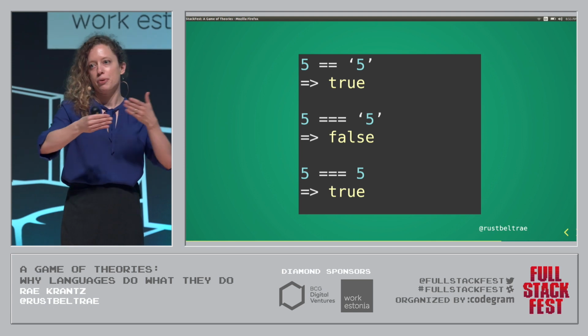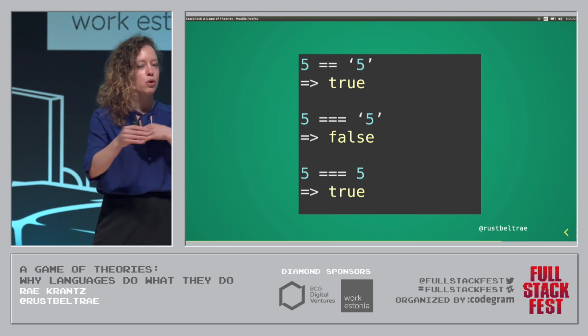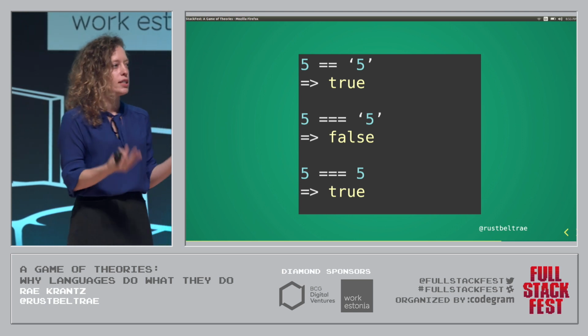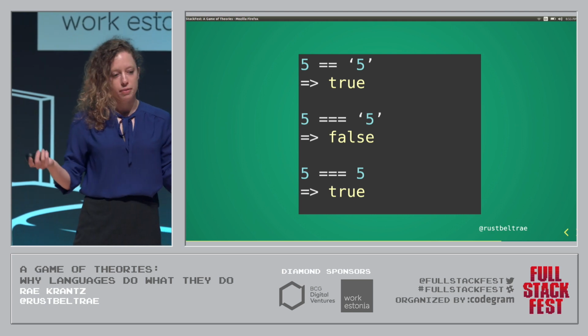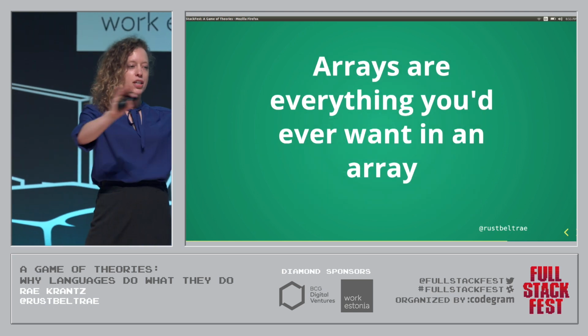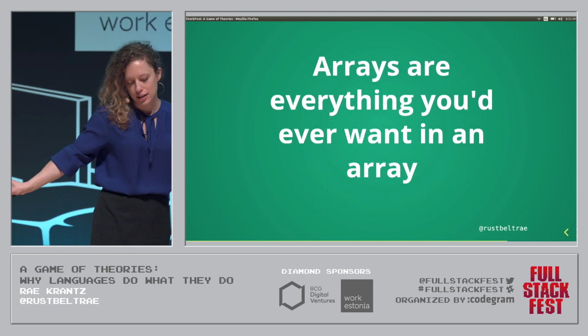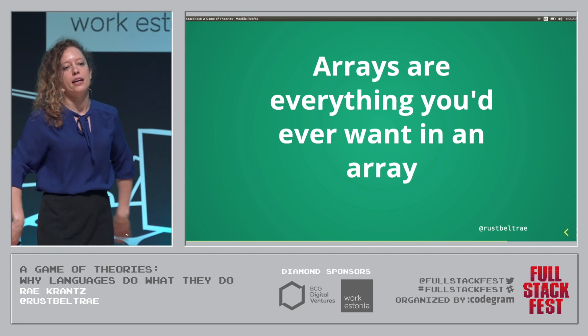So this is an example of how the browsers will always be different, and they will always implement things differently, and we need to retain some of this flexibility in JavaScript because the internet needs to work for everyone, right? And arrays are everything you'd ever want in an array. You can add stuff to the end, the beginning, take stuff away from the middle, access by index, do whatever you want.